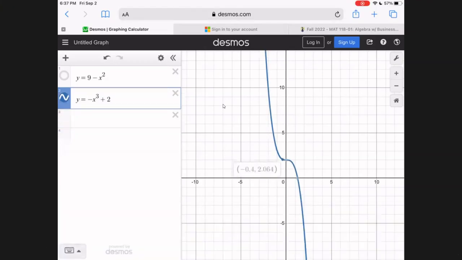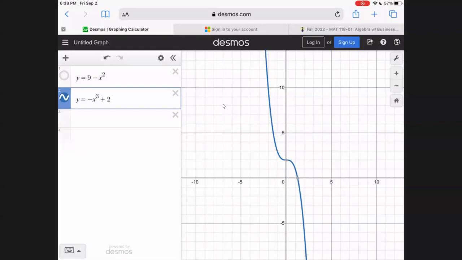So you see I can, along this curve, where would it be? And you can see my cursor here. So it looks like, at 2, it's near -5. That would be a point. And then at 1, it's at 1. At 0, it's at 2. At -1, it looks to be near 3. Okay. And then at -2, it's at 10.